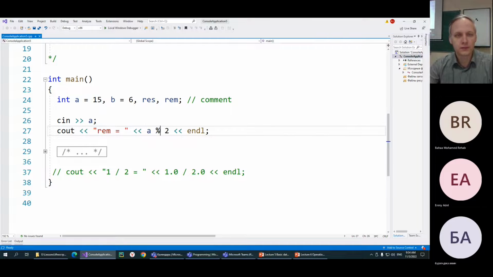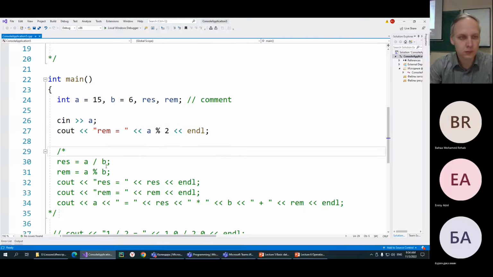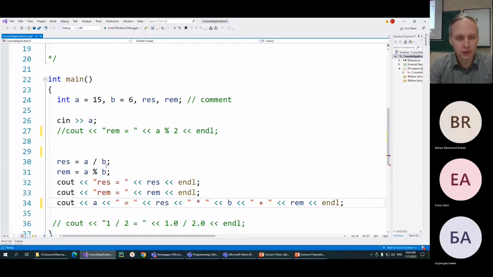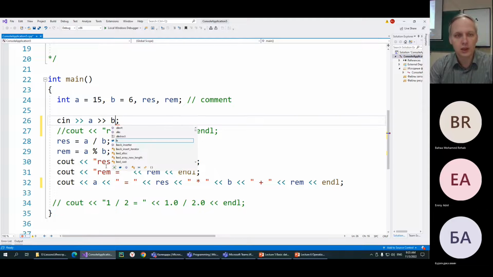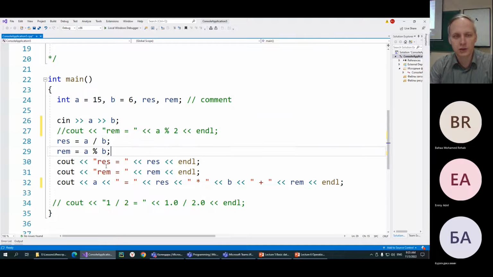The division operation applied to integer numbers is considered integer division, and the operation denoted as a percent sign is considered the remainder of integer division.